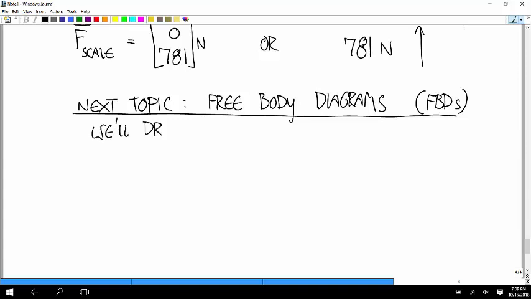We'll draw one of these every time we use Newton's second law. It's just a way to make sure that you're taking into account all of the forces acting on an object, and to make sure that you're being consistent about what you're calling your chosen object.